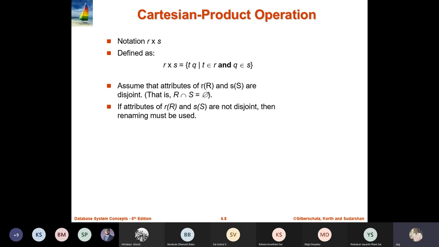If there is the same type of attribute, like teacher ID or course ID matching, then we will have R.course ID and S.course ID as two different columns. So the number of columns is the number of columns in R plus the number of columns in the S relation.